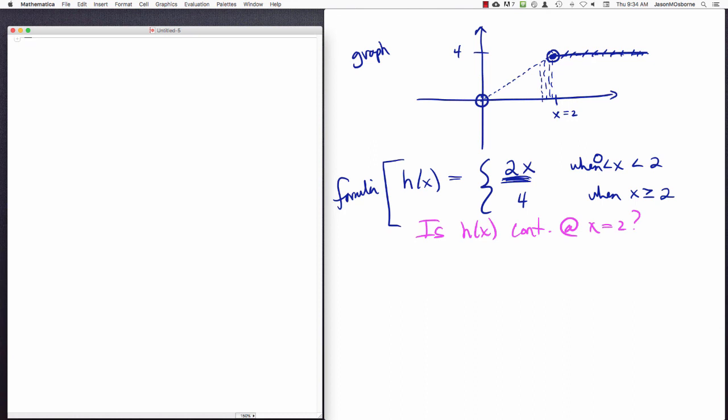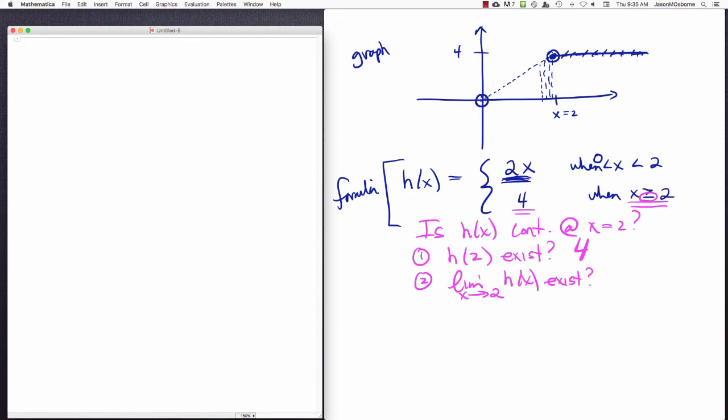The answer is, okay, 3 steps to go through. 1, does h of 2 exist? Sure, h of 2 exists. When x is equal to 2, because of this greater than or equal to, the function value is 4. So this function exists and it's equal to 4. 2, does the limit as x goes to 2 of this function h of x exist?